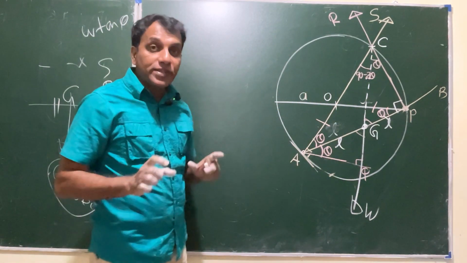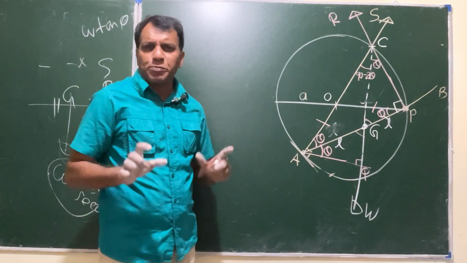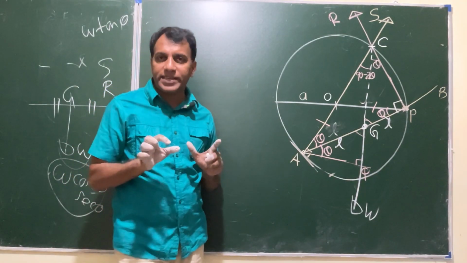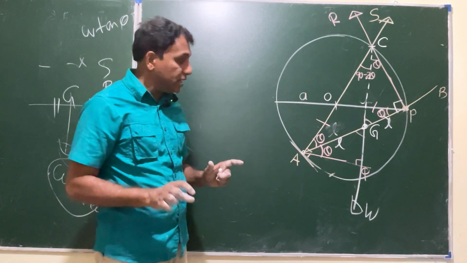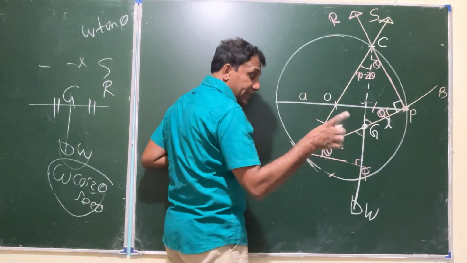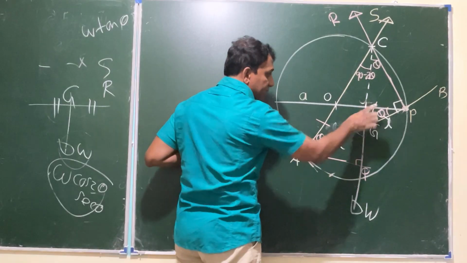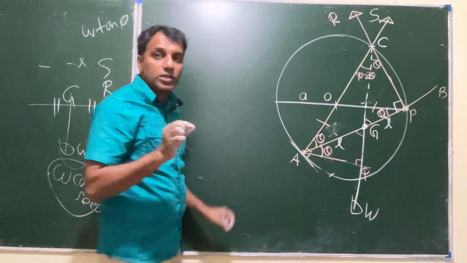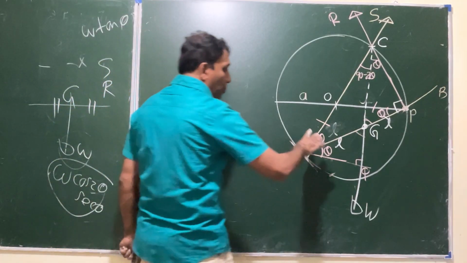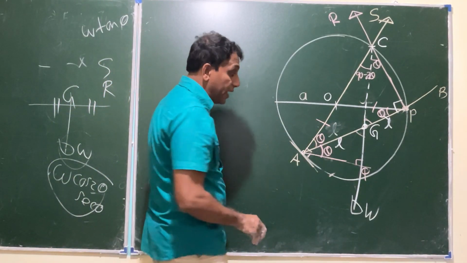So draw a very big diagram, note my explanation clearly, and draw all the parts clearly. Especially the angles are very important to use Lami's theorem, okay? Here theta, they said here theta, theta, theta, alternate angle. Triangle OAP is an isosceles triangle, therefore opposite angles are equal, okay?